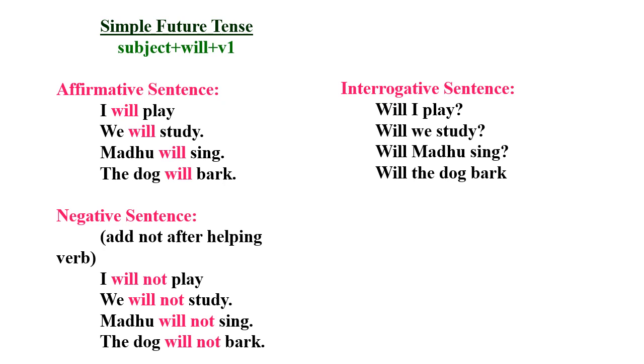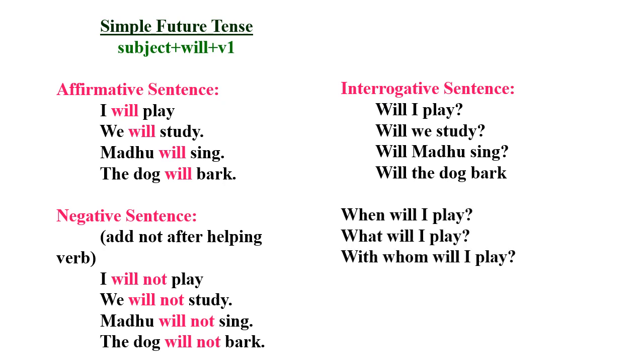Simply interchange the position of the subject and the helping verb will. I will play becomes will I play. We will study becomes will we study. Madhu will sing becomes will Madhu sing. Will the dog bark? And if you want, you can add question words in front of these sentences. When will I play? What will I play? With whom will I play?